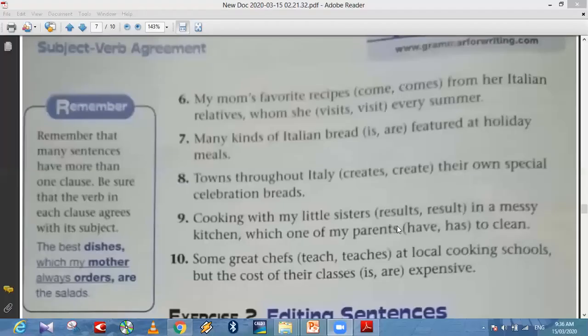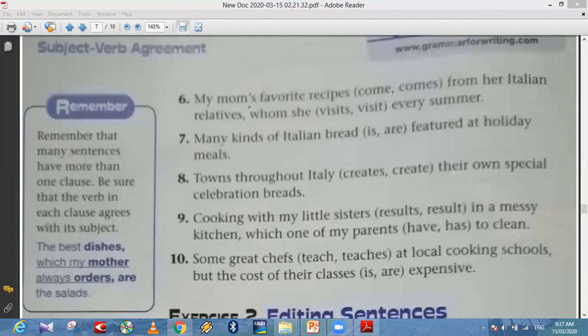Now this is page 252. Number 6, raise your hand if you want to answer. Adil, can you speak now? Yes.